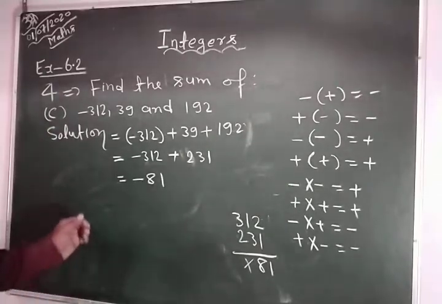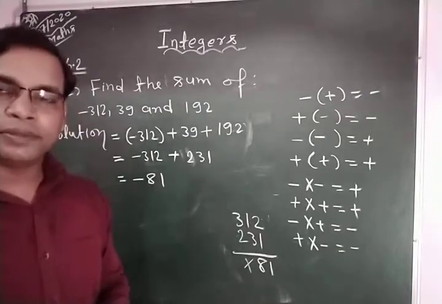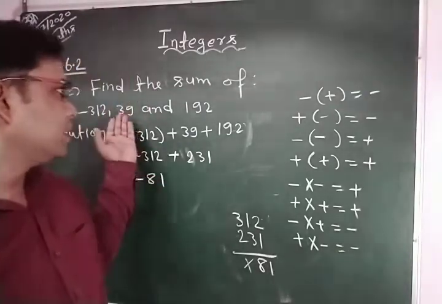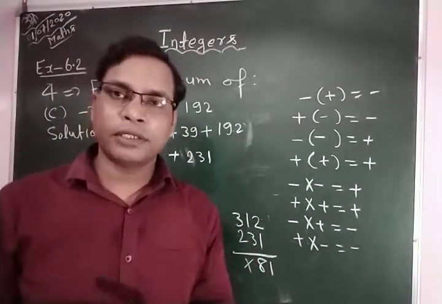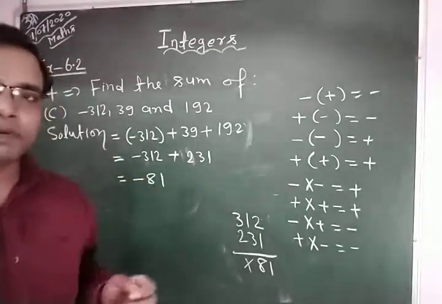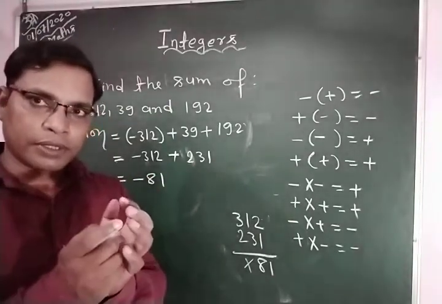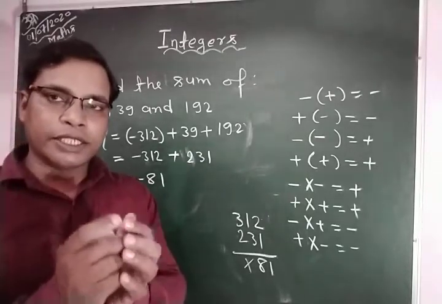So students, I hope all of you understood how to sum two or more integers. Here there are three integers; in part B and part A there were only two integers, but here three integers. So first we group the same kind of quantities, like positive integers and negative integers.